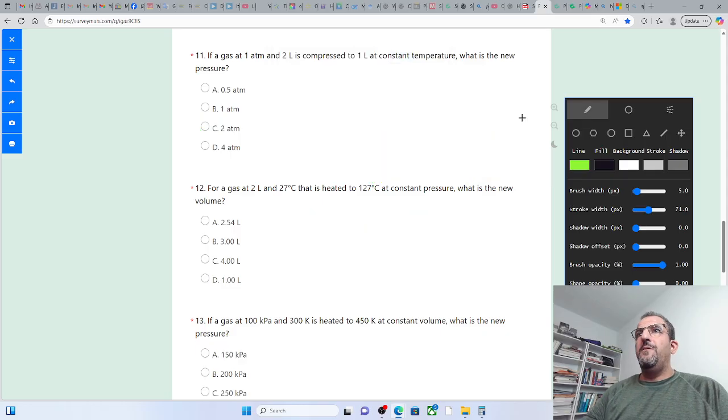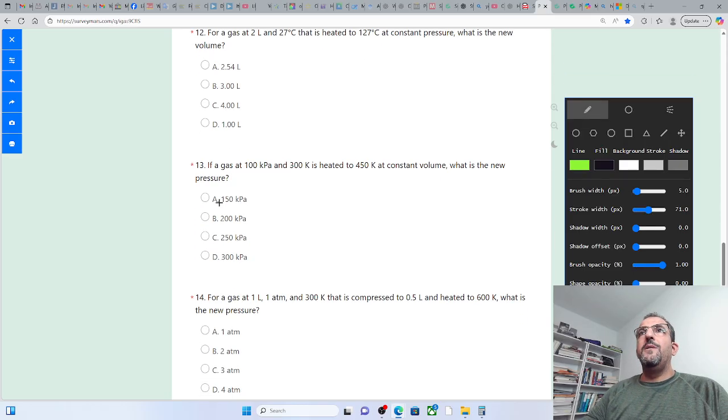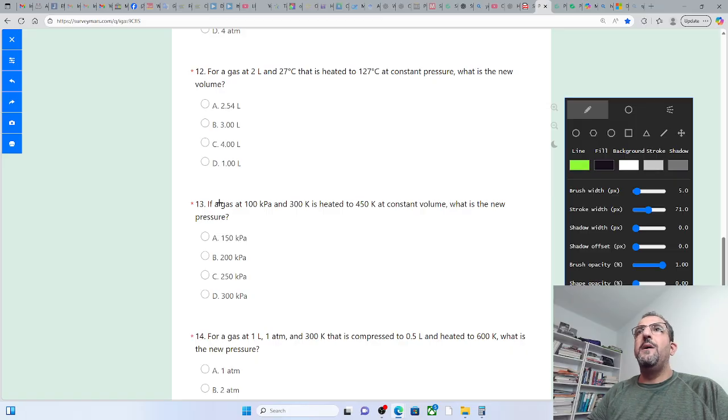Okay, I will move now to the next problem. For a gas at 2 liters and 27 Celsius that is heated to 127 Celsius at a constant pressure, what is the new volume? So now I have V1 over T1 is equal to V2 over T2. This is the equation that you need to use, guys.